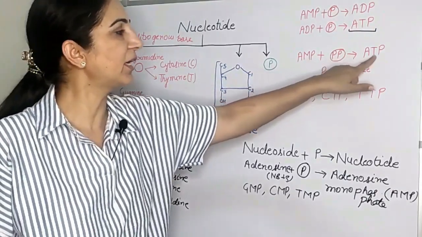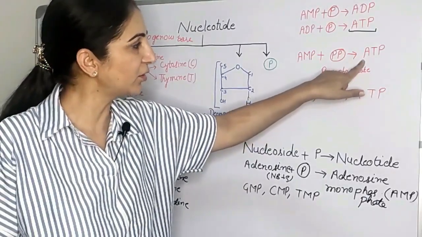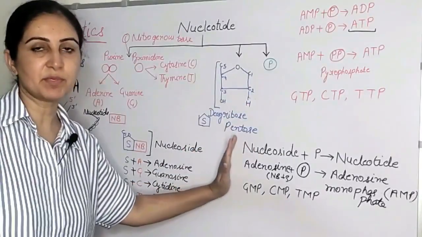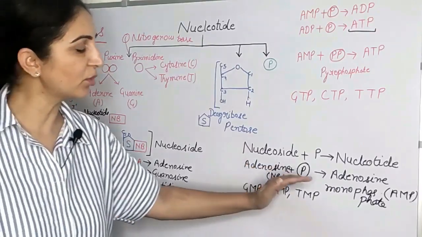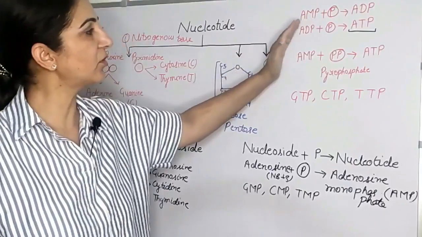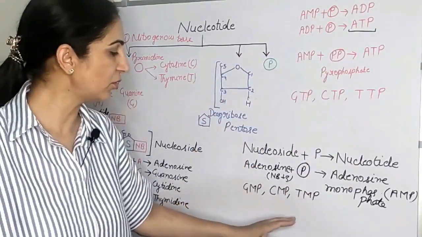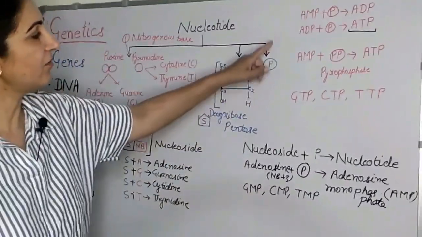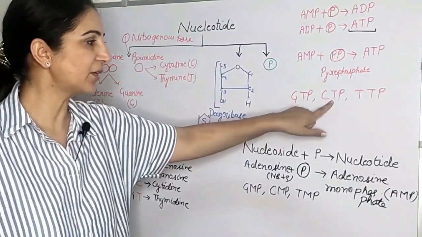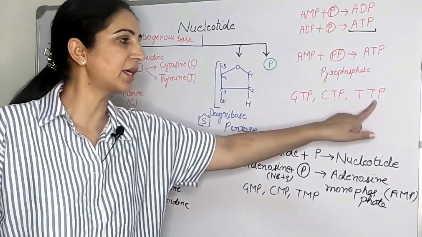So in total we have three phosphate groups, or adenosine triphosphate. So all these are examples of the nucleotides, that is the monophosphate is also a nucleotide, diphosphates are also nucleotides and triphosphates are also nucleotides. Similarly, we can synthesize guanosine triphosphate, cytidine triphosphate as well as thymidine triphosphate.